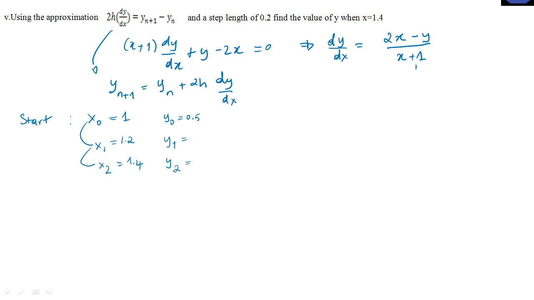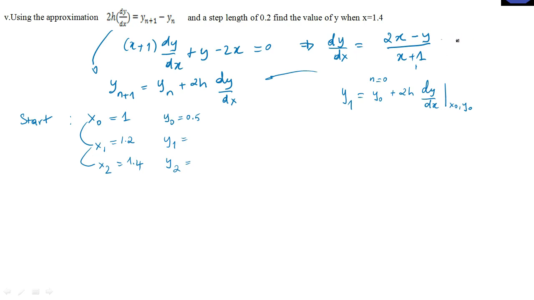Straightforward. If you want to find y1, it's just happening for n equals 0 for this expression. So y1 is going to be y0 plus 2 times the step length times the derivative at x0, y0.